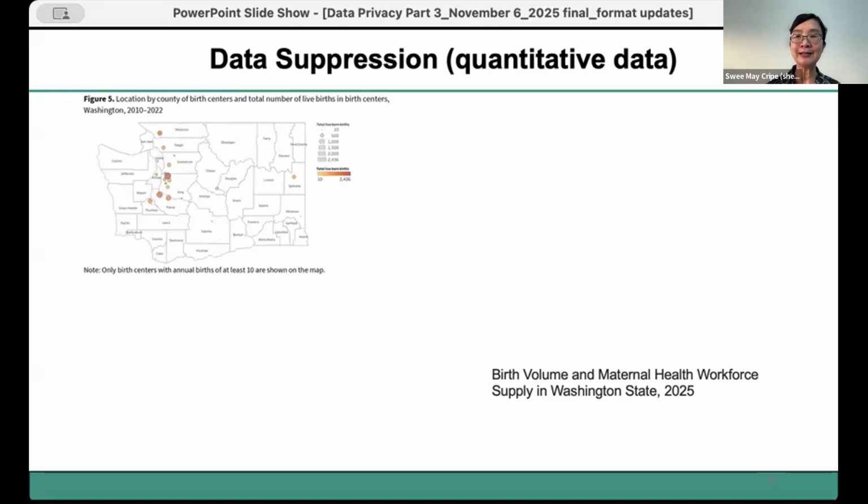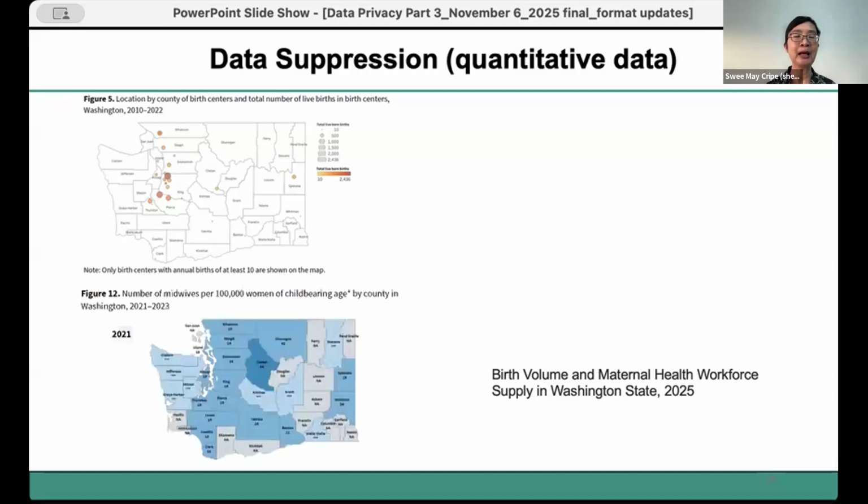However, some data is suppressed, meaning that we're not showing some data. Only birth centers with annual births of at least 10 are shown on the map. Typically for quantitative information, we put 10 as the cutoff. If a particular field or category has less than 10, then we will not show that information, to protect the privacy of individuals.